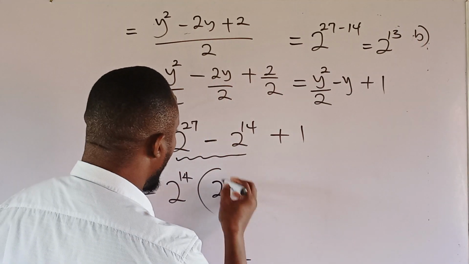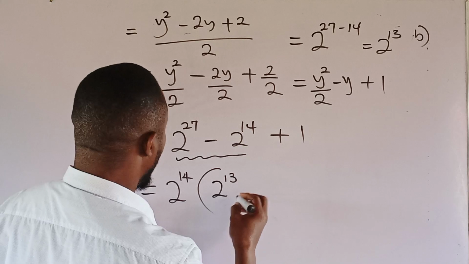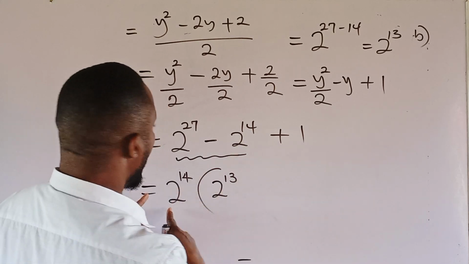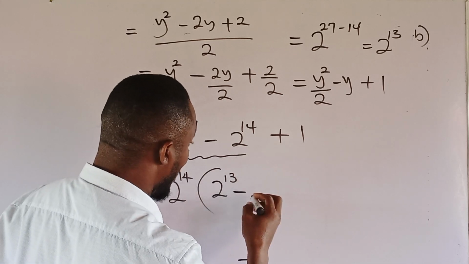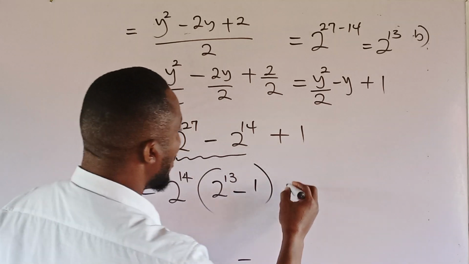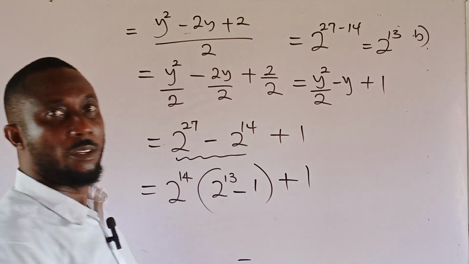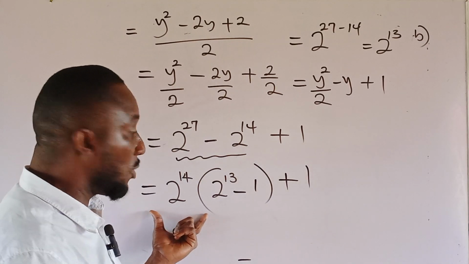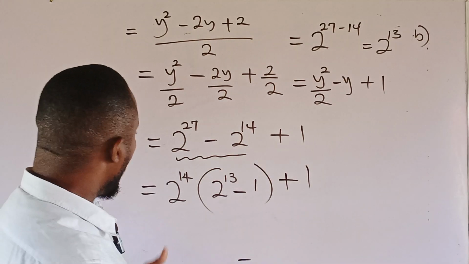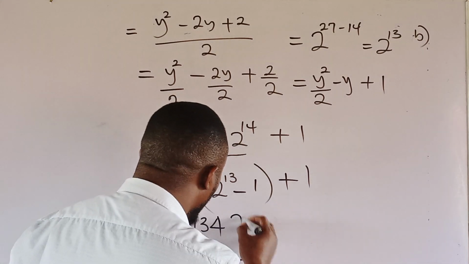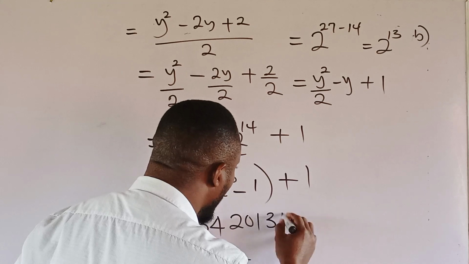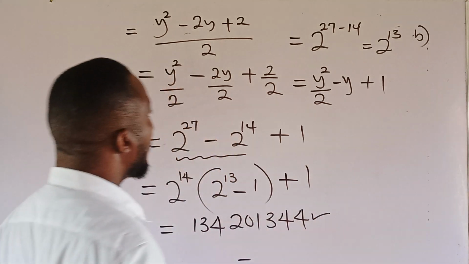Then if I use 2 to the power of 14 to divide into 2 to the power of 14, that becomes 1. So plus 1. So guys, if you do the arithmetic here, which is doable, we are going to have 134,201,344 as our final answer.